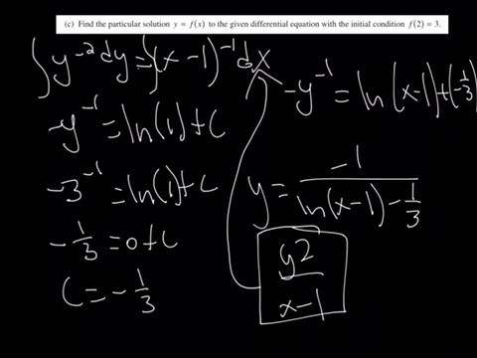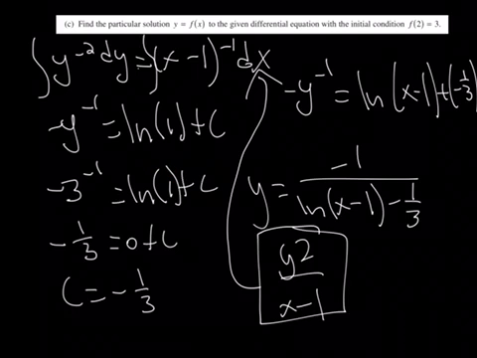Okay, next you have to find the integral of this. What that is going to be is negative y to the power of negative 1 is equal to ln of 1. And everybody always forgets to add c. Don't ever forget to add c. Okay, and I accidentally messed up. What I was really supposed to do is, instead of ln of 1, put ln of (x minus 1).